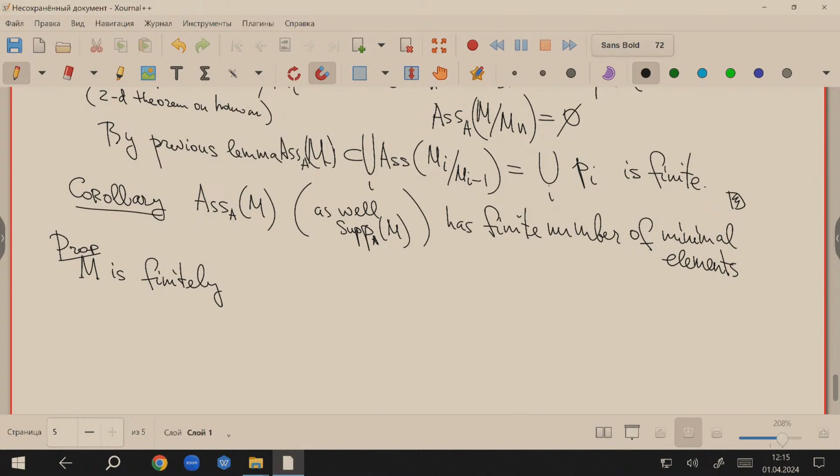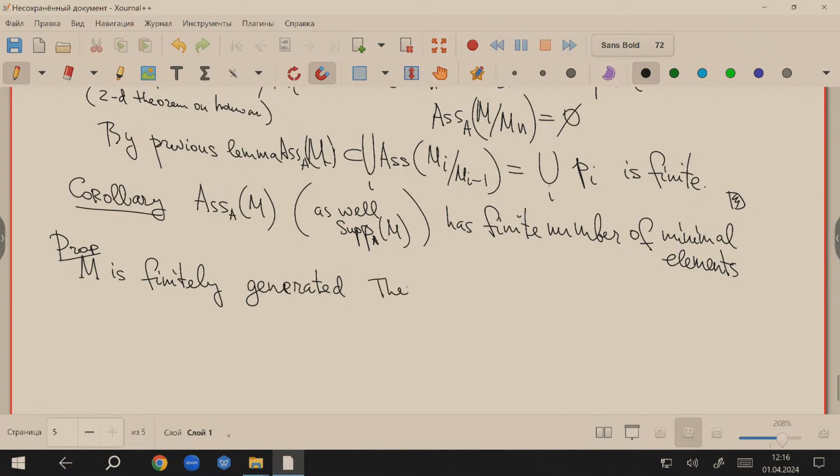If M is finitely generated and A is Noetherian, then M is Noetherian. But you can also assume only that M is finitely generated.